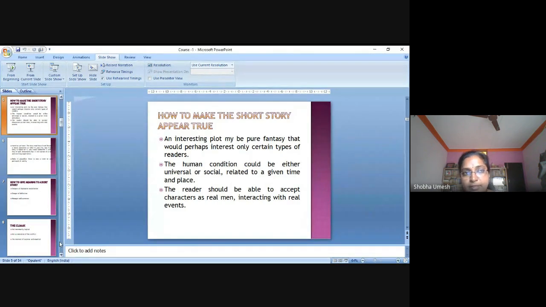So all the incidents that take place in and around us are depicted in our stories. By adding certain imaginary things into that, we feel as if it is natural and realistic, near to our life. In that way, the story should appear very true to the people, and we can make it realistic.